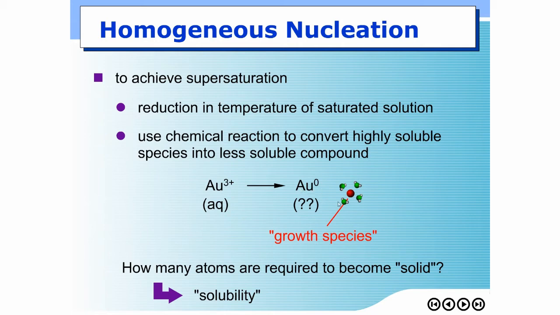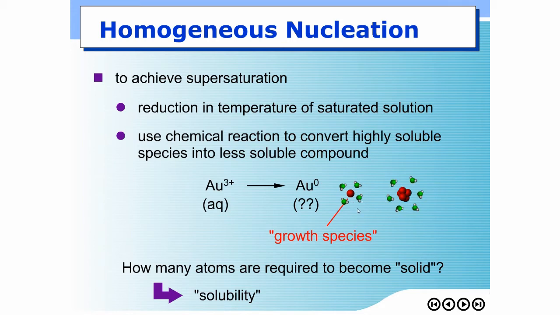Alright? So a growth species is supposed to have the ability to move like atoms because it is not part of a solid yet. So you have to imagine a growth species as a mobile species in liquid. Okay?